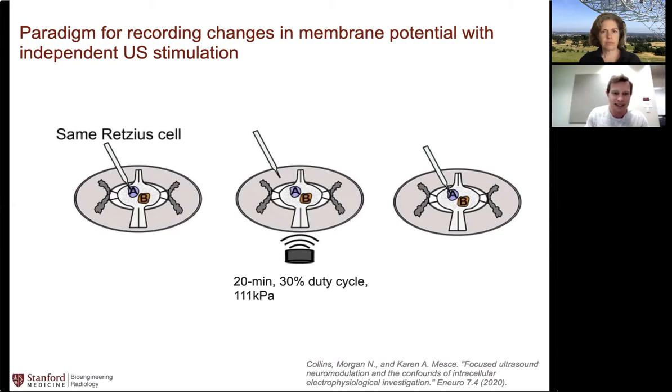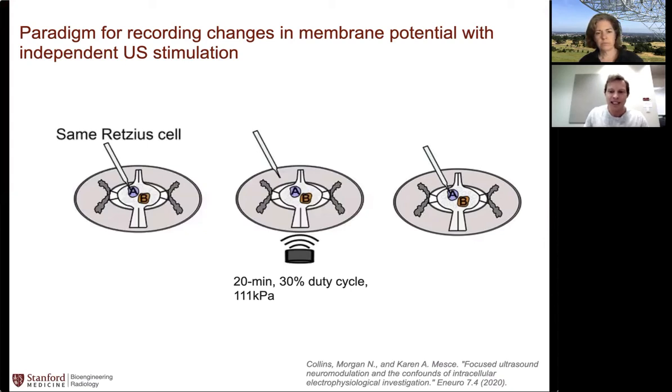So this figure illustrates that they will put an electrode into cell A, which is shown on the left here, and they'll record some baseline amount of activity. Then they'll remove that electrode and deliver an ultrasound pulse for a given period. And then they'll place the electrode back in, shown on the right, and record again to see how the activity of the cell has changed.